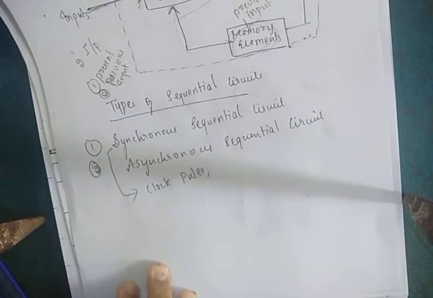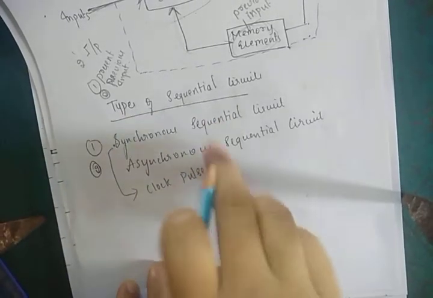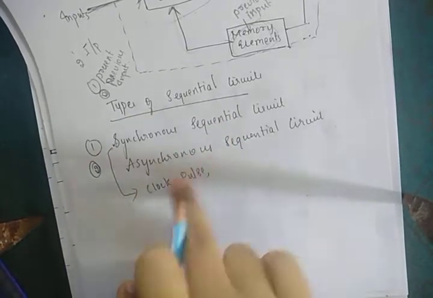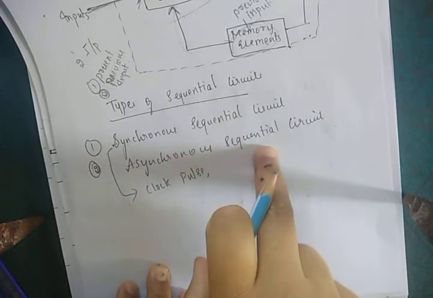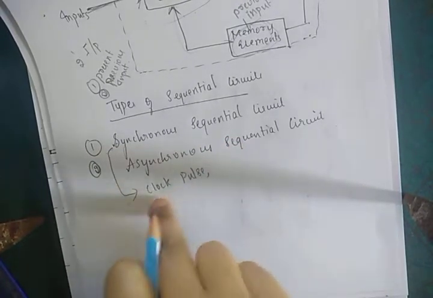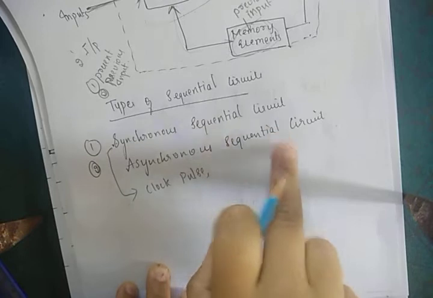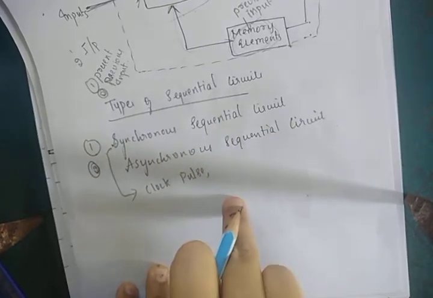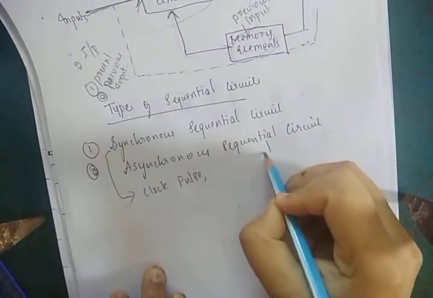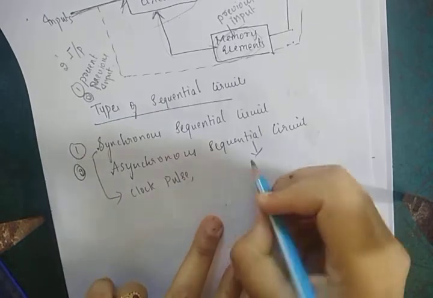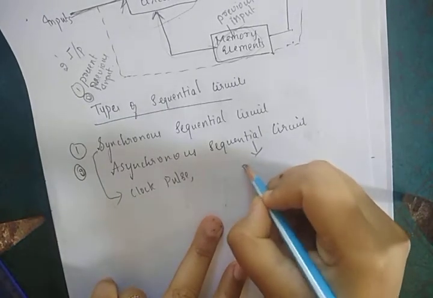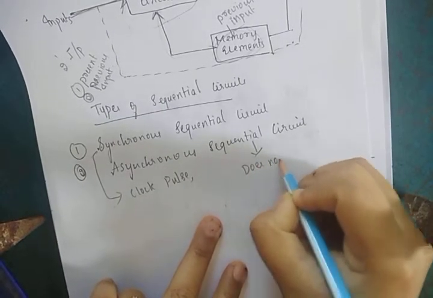Based on the clock, our circuit will work. What is that clock? Next I'll discuss. Then what is an asynchronous sequential circuit? It does not have a clock.